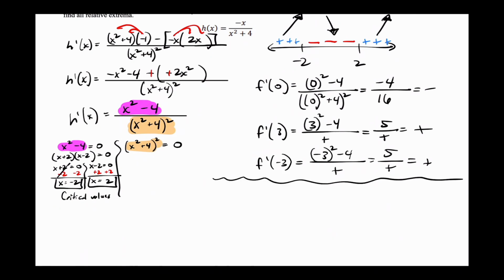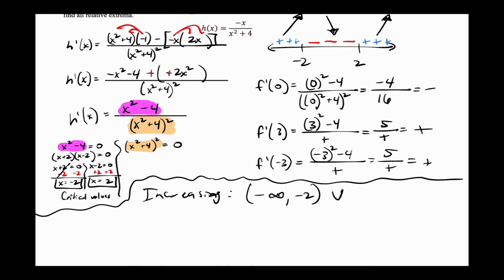Okay. So I have to write that down. Increasing from -infinity to -2, or +2 to +infinity. Decreasing in between.